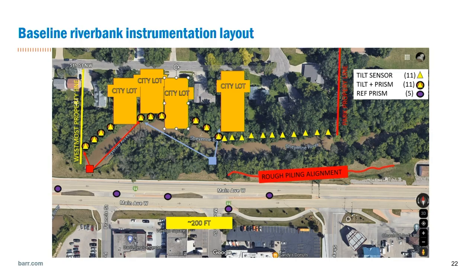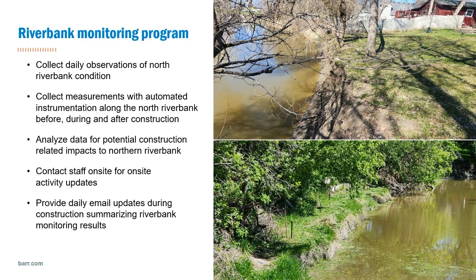Over time, we transitioned to installing tilt sensors as well in that area, because the leaves came out in the trees, so you can't always see the prisms that you've already installed. So we put tilt sensors into the riverbank, and we could tell if the riverbank was sliding or moving towards the river.